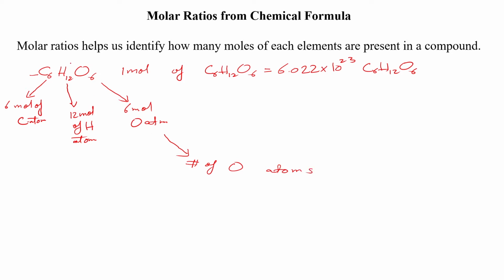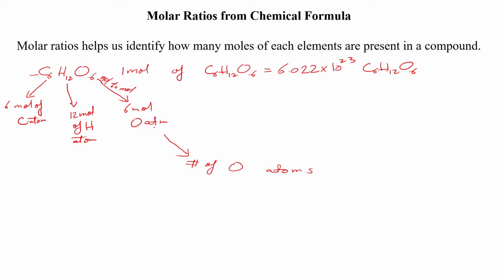This conversion that we are doing from here to here is actually called mole to mole conversion. So mole to mole. We have 1 mole of glucose. Here we have 6 moles of oxygen atoms. So this is a mole to mole conversion that we did with the help of a formula. Once we have this mole to mole conversion, we can find the atoms of oxygen from here.